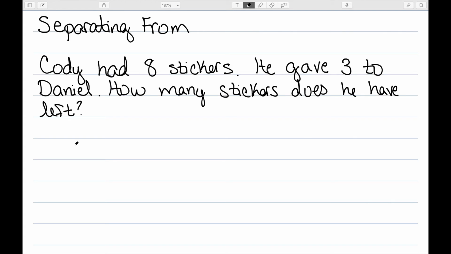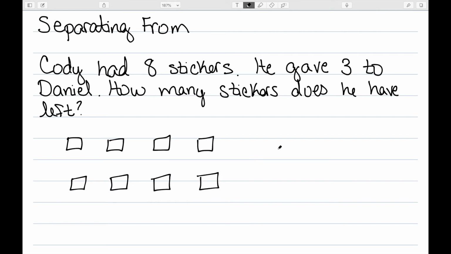The next method is separating from. In this case, the larger quantity in the problem is represented, and the smaller quantity is subsequently removed from it. Let's look at an example. Cody had 8 stickers. He gave 3 to Daniel. How many stickers does he have left? To use the separating from method, we would start with 8 objects to represent the 8 stickers that we had originally.